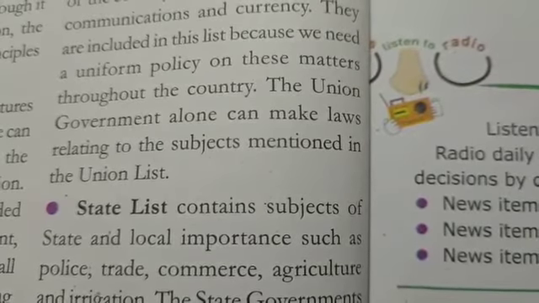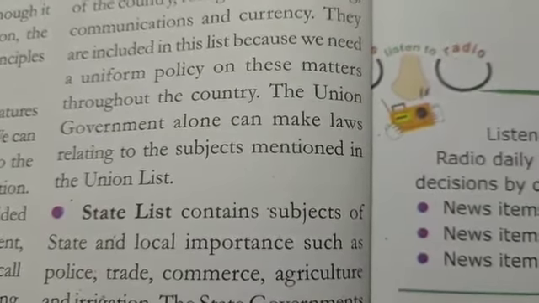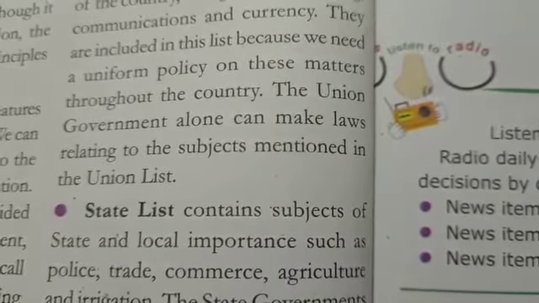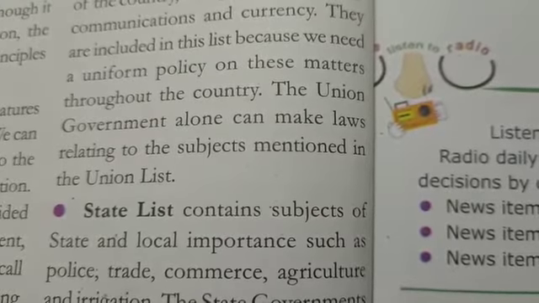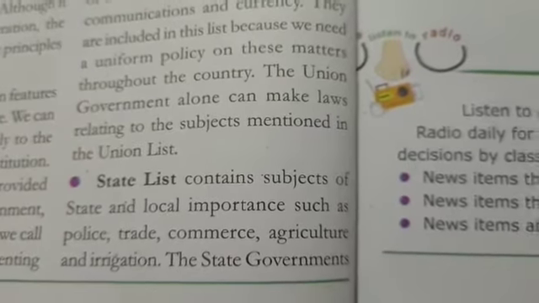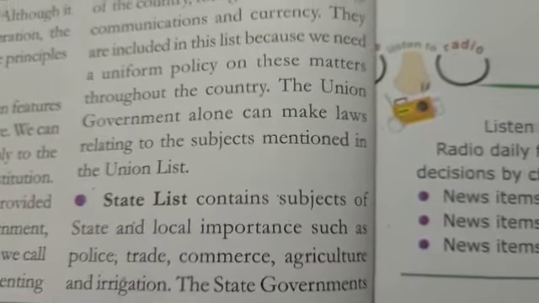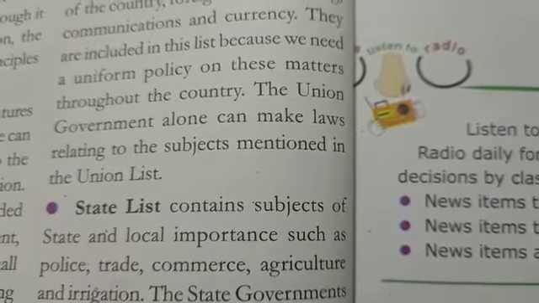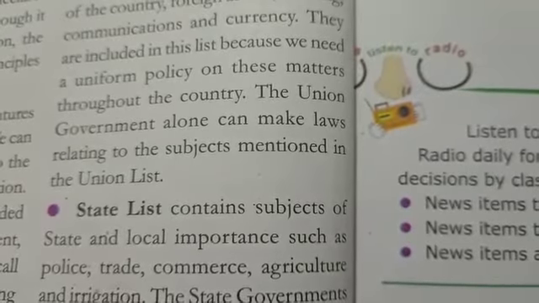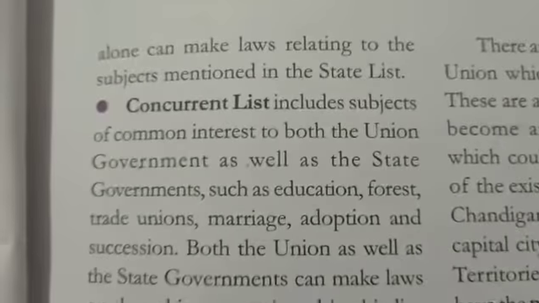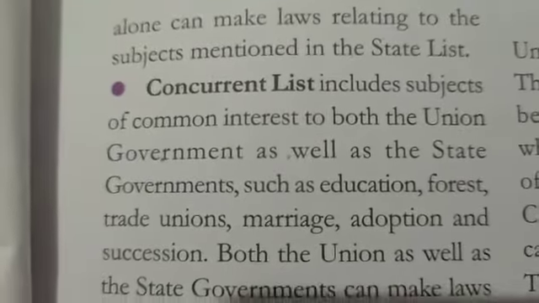For example, the concurrent list includes subjects of common interest to both the union government as well as the state governments, such as education, forest, trade unions, marriage, adoption, and succession.